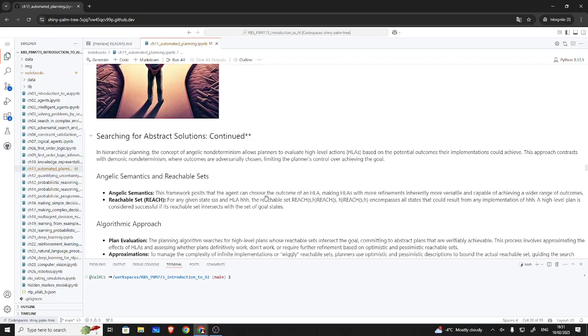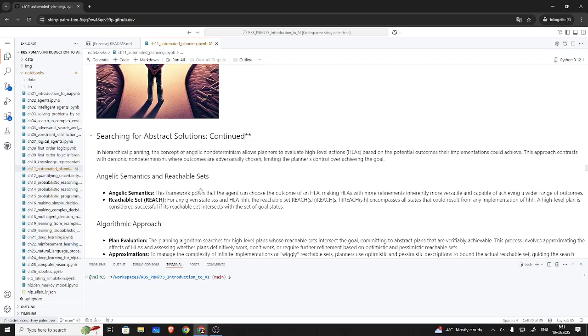There's an underlying idea, I wouldn't say Platonic idea, but that this agent can choose the outcome of the HLA, which will be more versatile. So, where's my angelic search? Right, there are two.